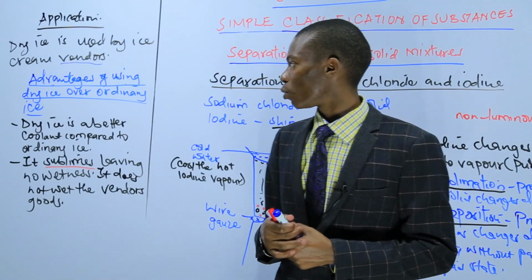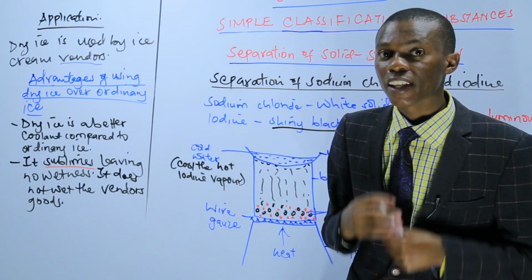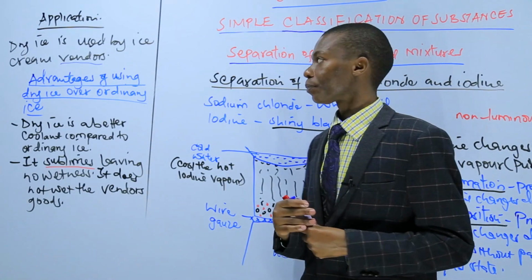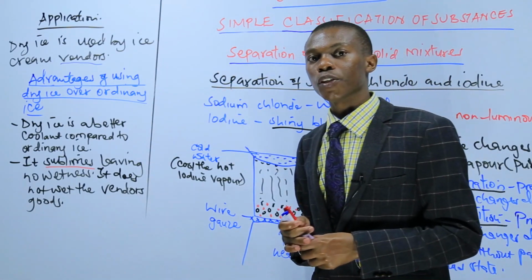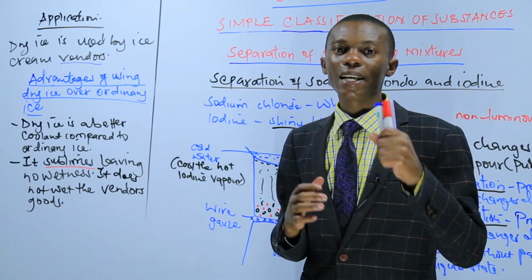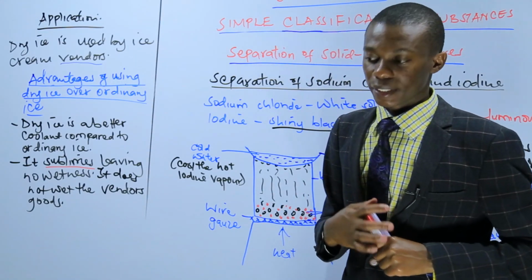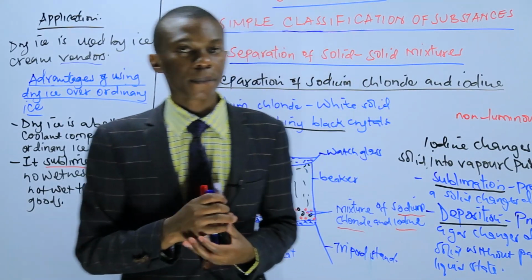Therefore, those are the advantages of using dry ice over ordinary ice. Then the application: don't forget, dry ice is used in cold boxes by ice cream vendors. So that was our lesson today.